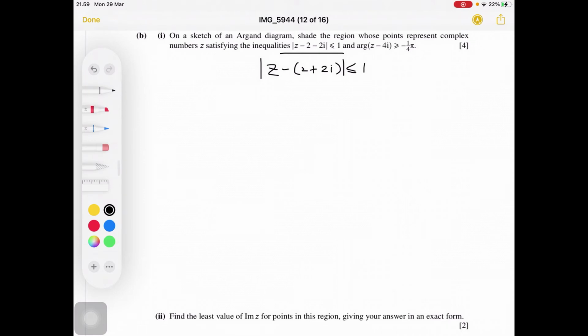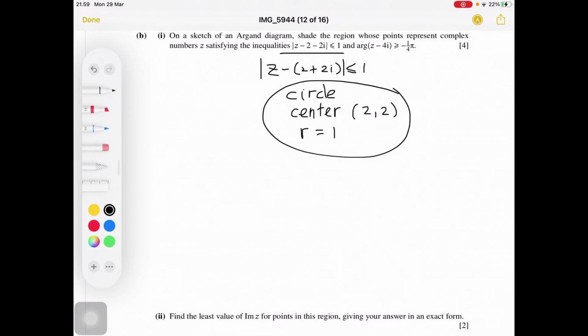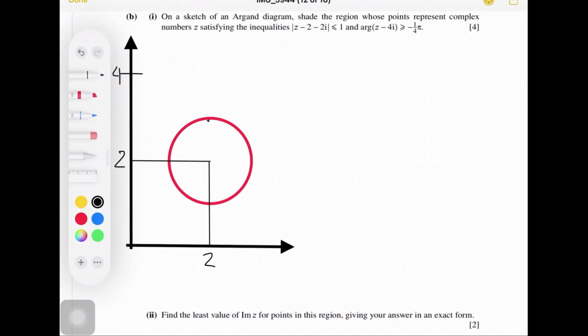This is a circle with center 2,2 and the radius is 1, and the region is inside the circle. So here we have the circle with radius 1 and center 2,2.